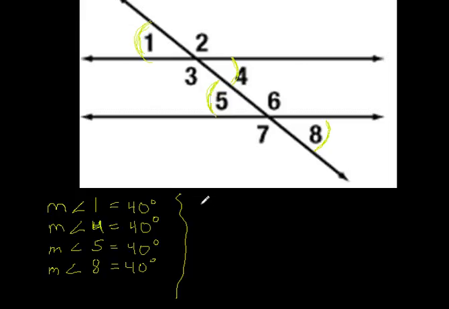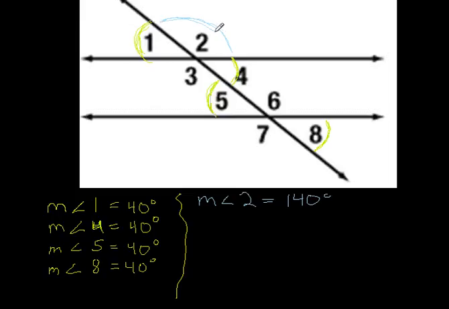A new pin to this. Measure of angle 2 equals 140 degrees. Well, that makes sense because the measure of angle 1 is 40 degrees, and 40 plus 140 equals 180.